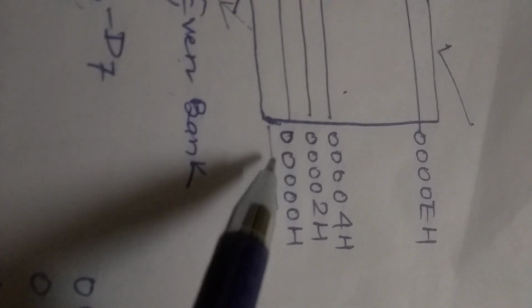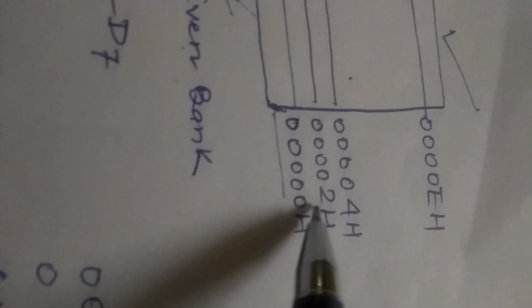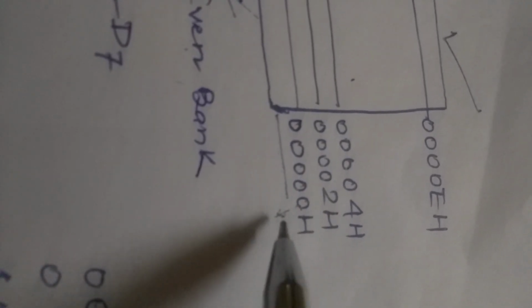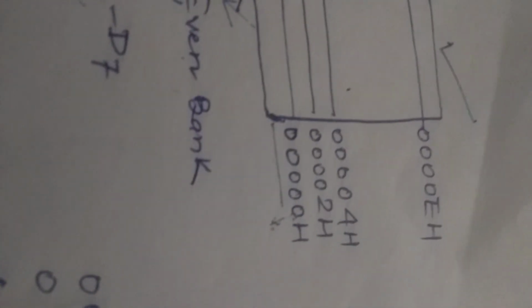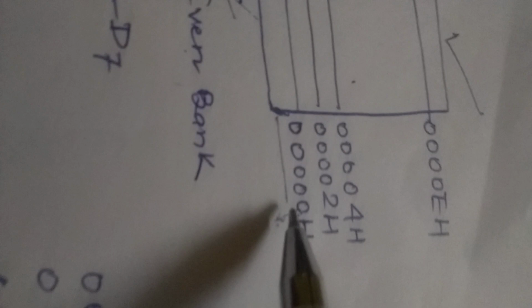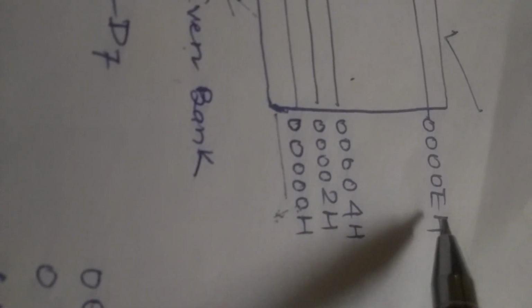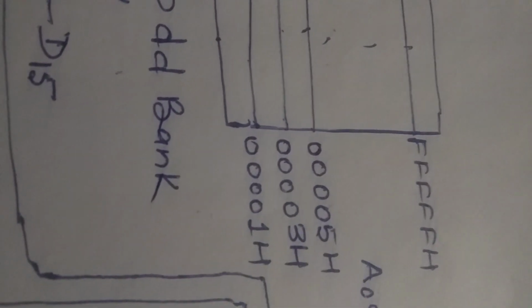This is a 20-bit address, which in hex form can be written in 5 digits. So here the LSB can be used to represent whether the number is even or odd. So the addresses are 00000, 00002, 00004 and up to FFFFE. Similarly, in case of the odd bank, the addresses are 1, 3, 5 and up to FFFFF.